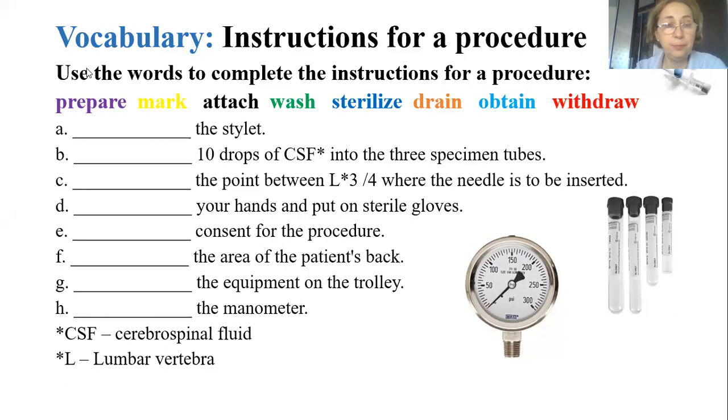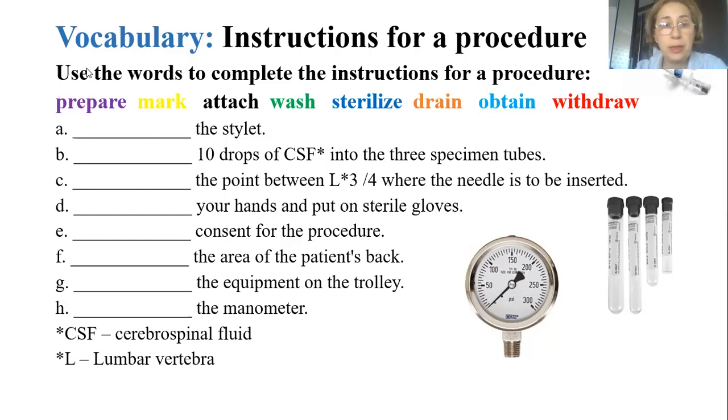They are given in different colors. We should use them in the sentences. The words are prepare, mark, attach, wash, sterilize, drain, obtain, withdraw. I think all of them are easy to understand. Maybe withdraw means to get something, to take something away, yeah, like this.